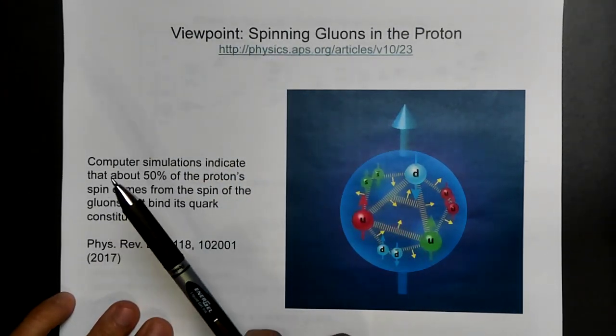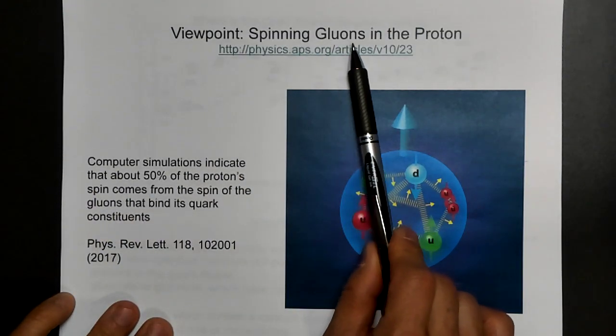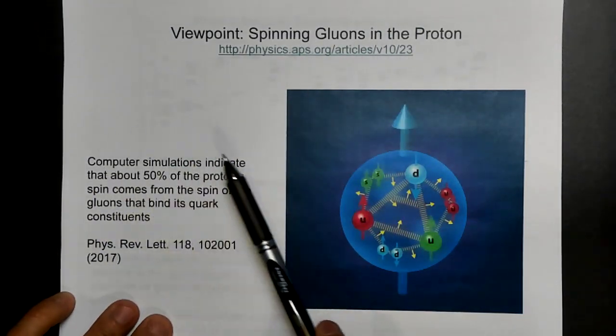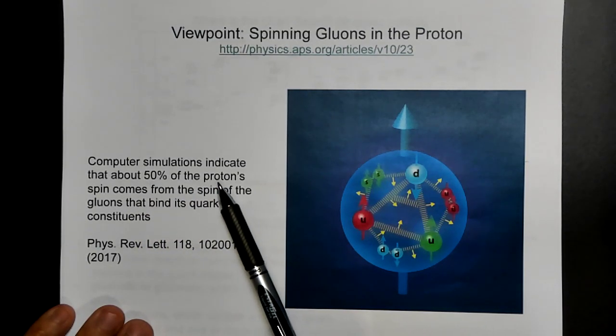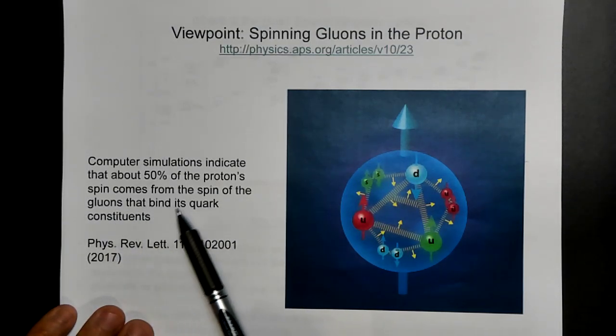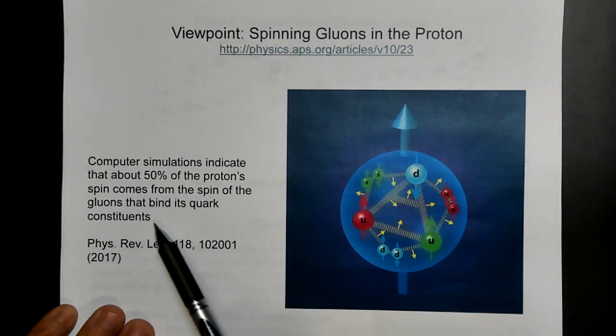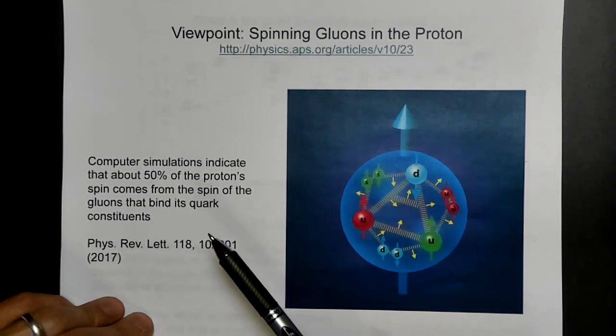So we're talking about the spin of the gluons in the proton, and what they found from these lattice QCD simulations is that about 50% of the proton spin comes from the spin of the gluons that bind its quark constituents. So that was kind of surprising, that so much was actually coming from the gluons.